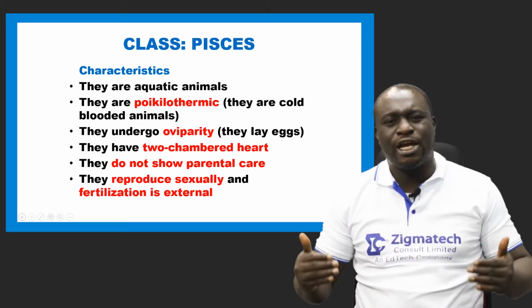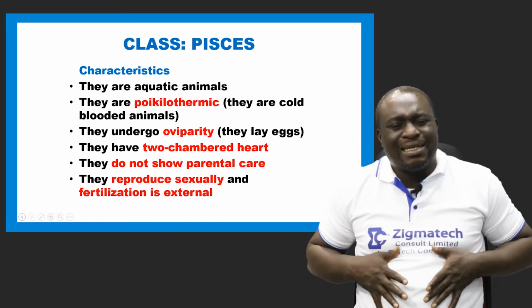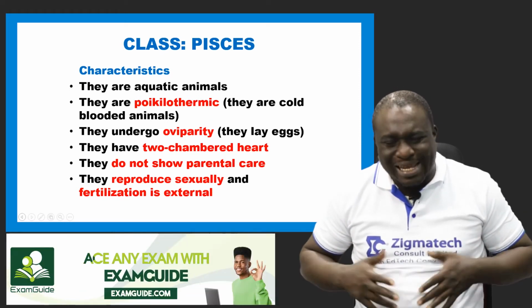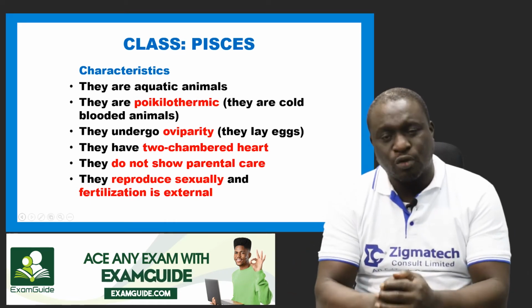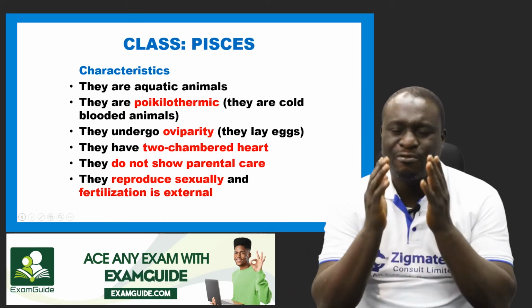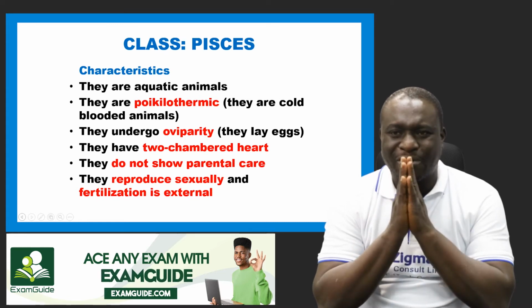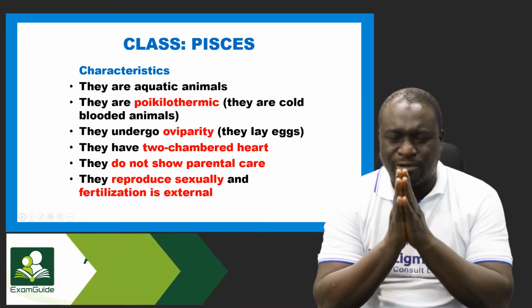The fertilization is not done inside the body of the organism. No, it is outside the body of the organism. Hence, the term external fertilization. So we have in Pisces external fertilization.